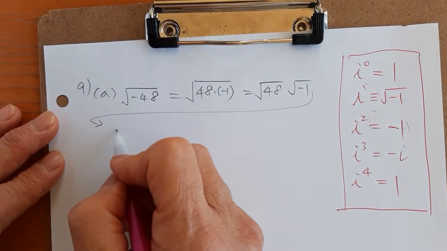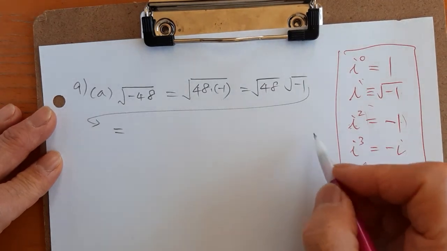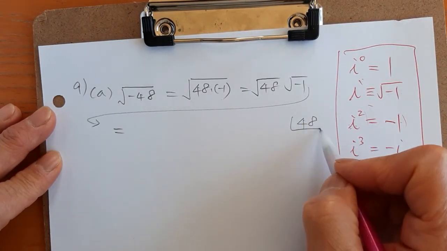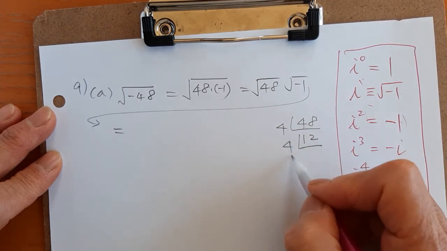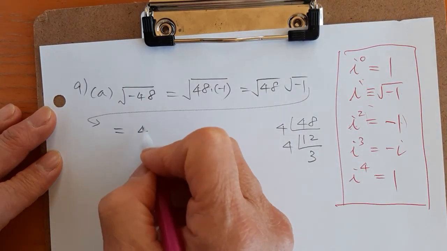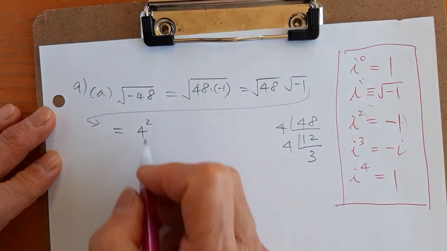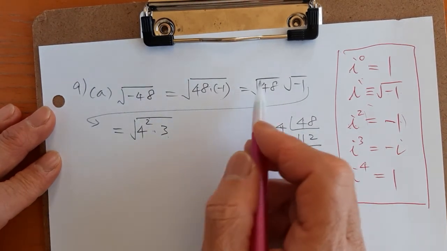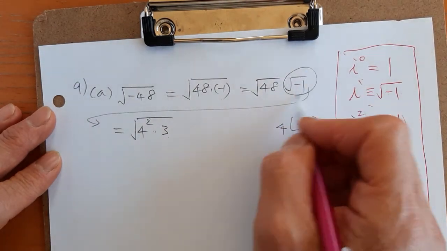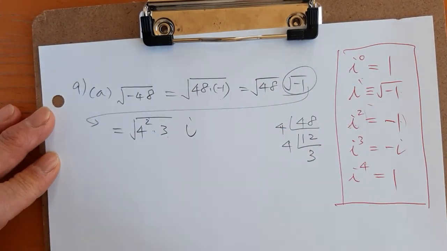Then for 48, you do prime factorization. You can divide by 4 is 12. Divided by 4 is 3. So it's 4 squared times 3. 4 times 4 is 16, times 3 is 48. And the square root of negative 1 is i.